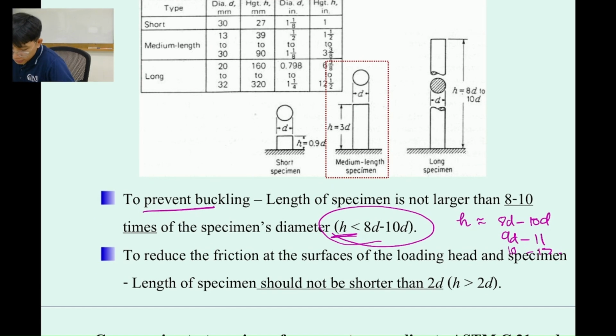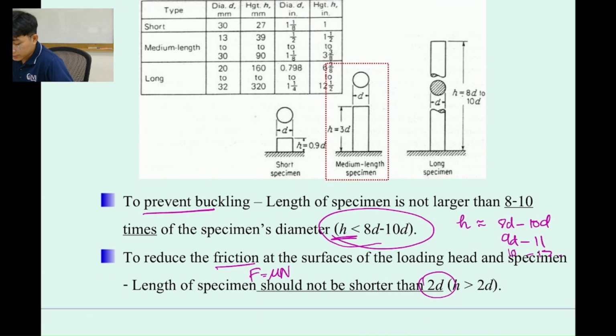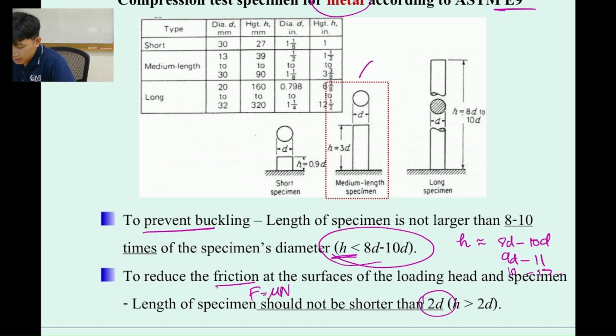Okay, and to reduce the friction, the one that we have just talked about, F equals mu N over here, we need to make the sample not shorter than 2h. Okay, so from this one slide, I can ask like 2 questions. Most of the time, you can see that the compression of the steel is going to be in this length.